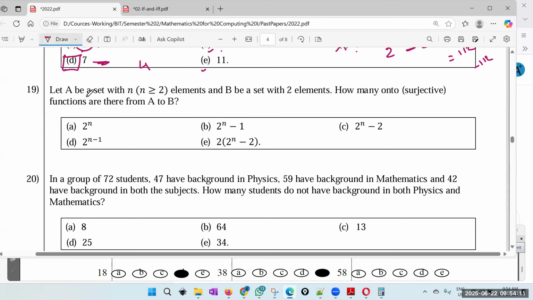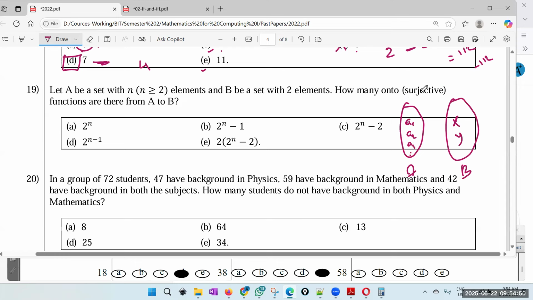Let A be a set with n greater than or equal to 2 elements, and B be a set with 2 elements, say X, Y. So A is like A1, A2, A3 and so on, but definitely at least 2.